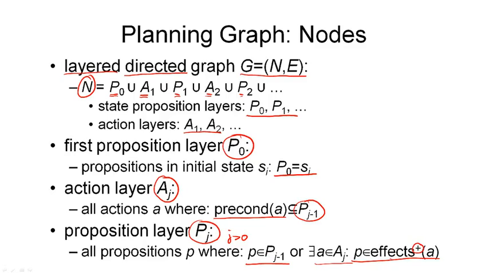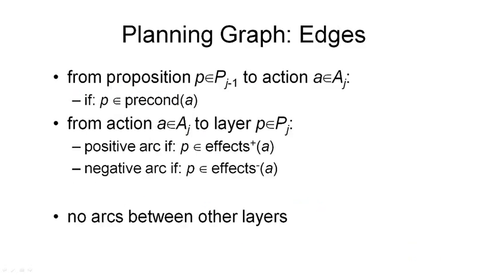So it must be monotonically increasing. The action layers must also be monotonically increasing, because if an action is applicable in one action layer, then it must also be applicable in the next action layer, because all the preconditions that were true here must be true in the next proposition layer, so they must still be true for the next action layer. So proposition layers and action layers are monotonically increasing.